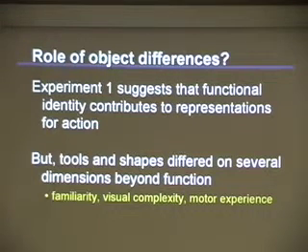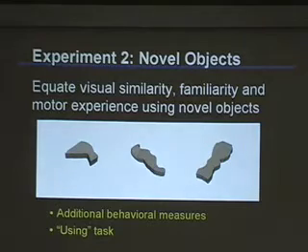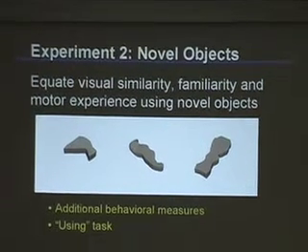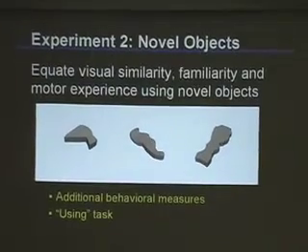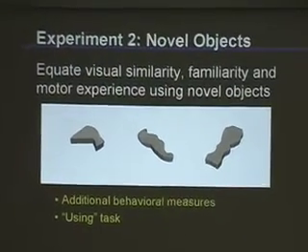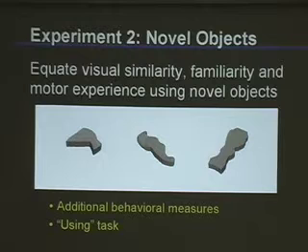So we did another study, which became a little bit more complicated because we introduced novel objects. The purpose of the novel objects was to try to equate what the objects looked like, how familiar they were, and whether or not people had experience grasping them at all.